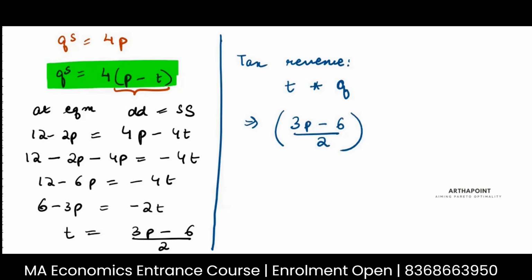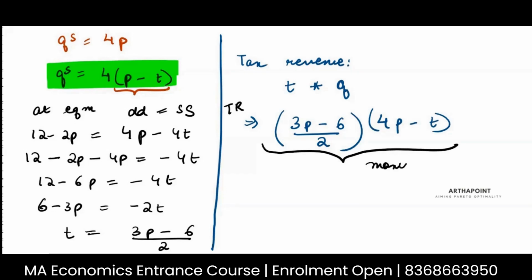What is the quantity that I'm selling? I'm selling 4P minus 3. This will be your tax revenue, right? You just have to maximize this tax revenue. Whichever tax rate maximizes this tax revenue, that will be your optimum.